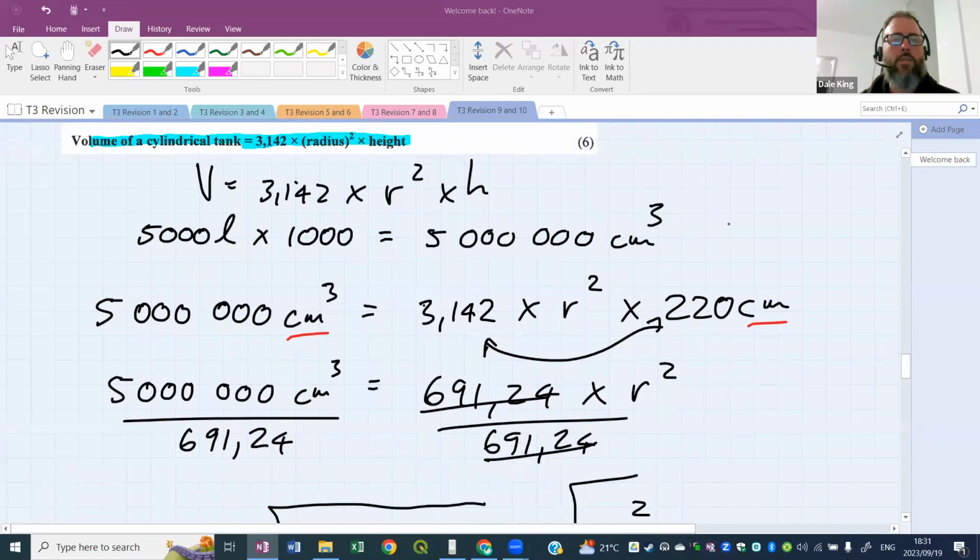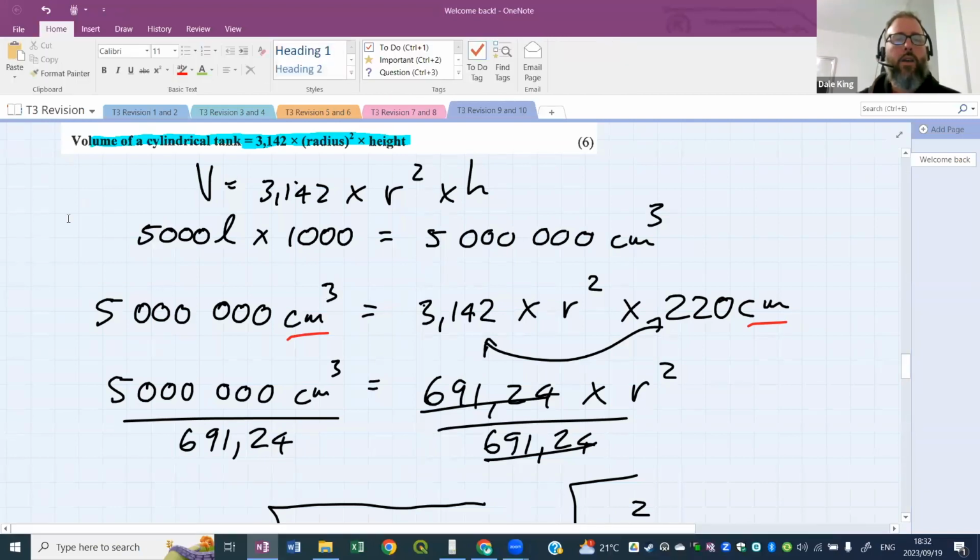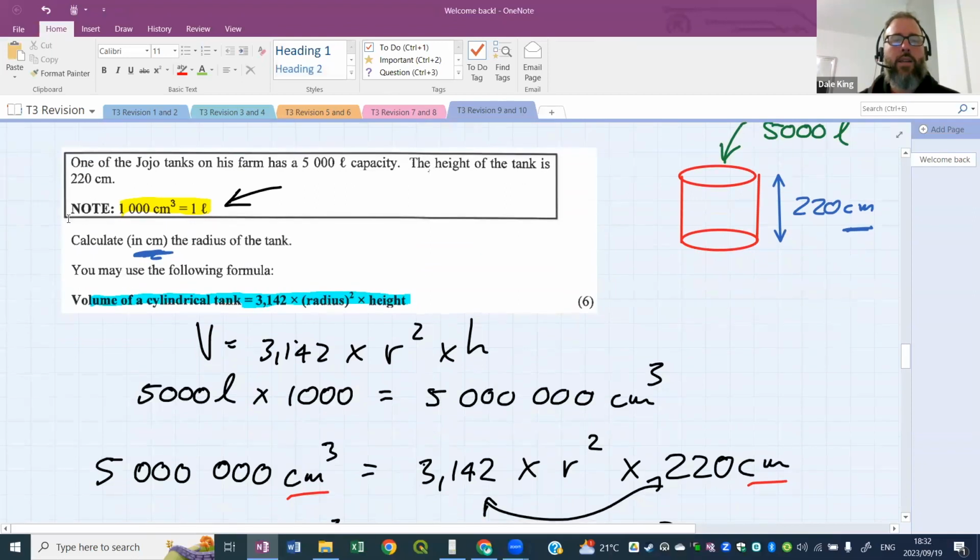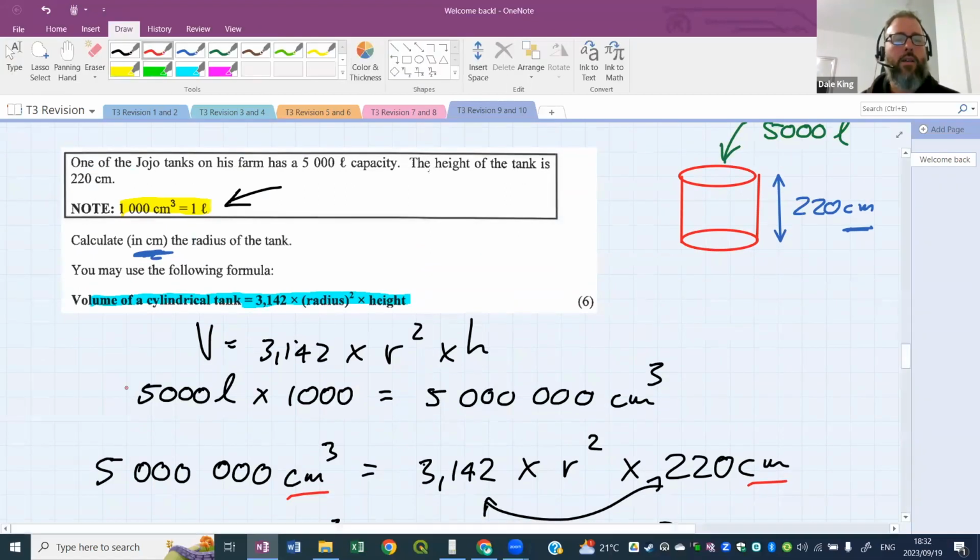All right, let me just go over it one more time. We were given the formula, and they asked us to find the radius. So you write the formula out like I did over here, and look at it and see, that's what I want, the radius. If I put in all the other numbers like the height and the volume, I can get the radius out. They don't give you the volume exactly as you need it for this equation.